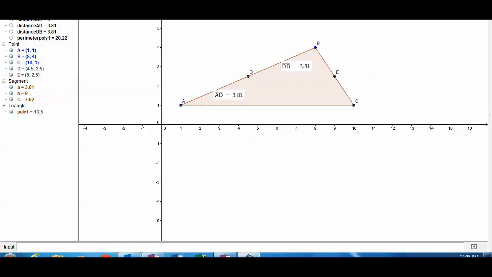So therefore the property is correct, that the midpoint D does divide the line segment AB into two equal line segments.